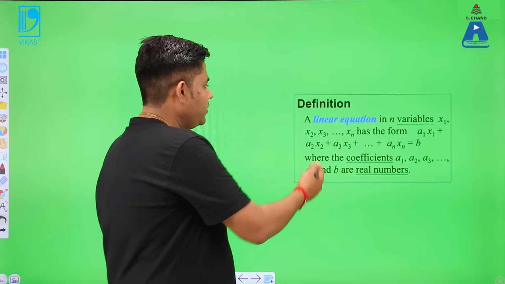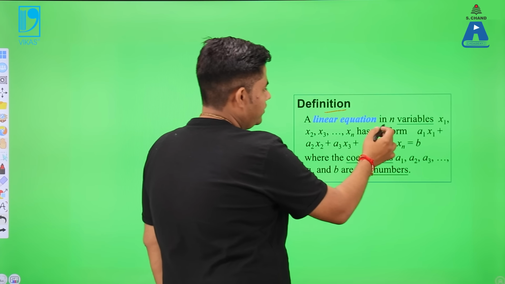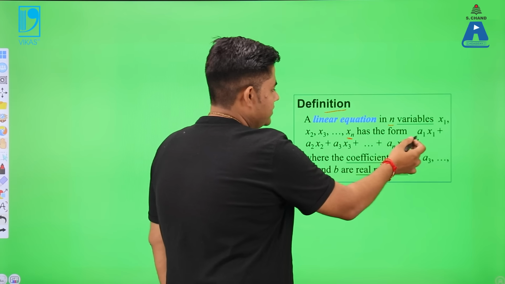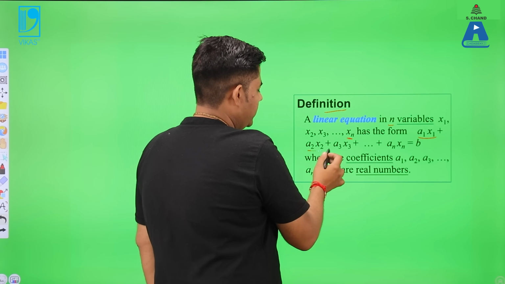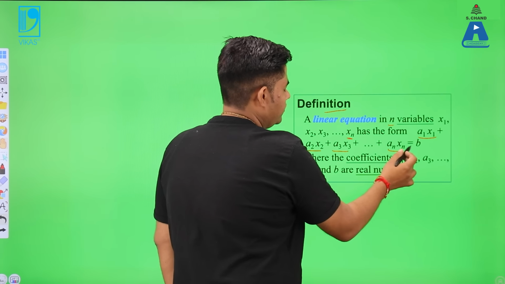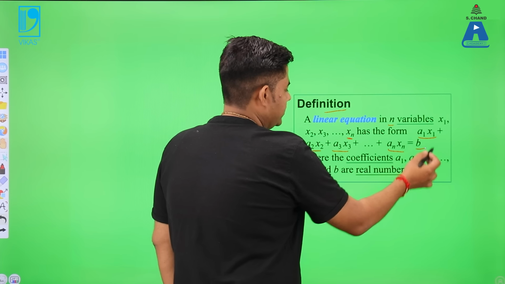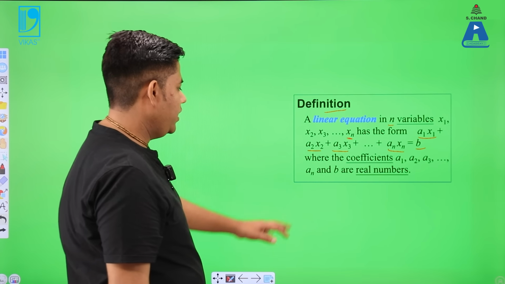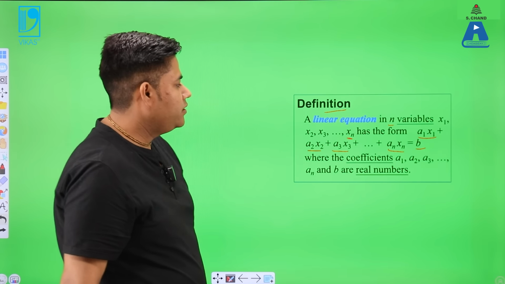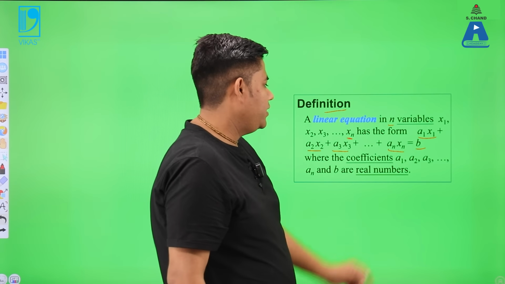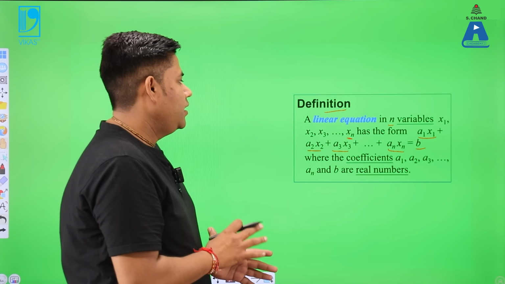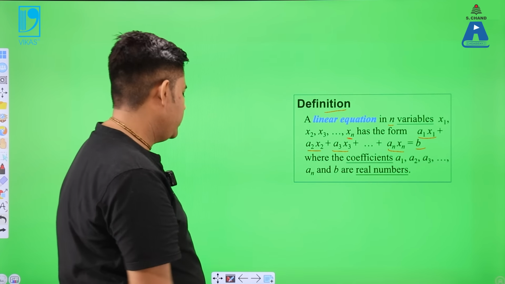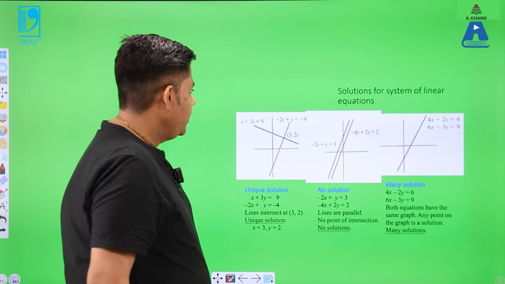The definition: a linear equation in n variables, let's say x1, x2 till xn, has this form: a1x1 plus a2x2 plus a3x3 and so on up till anxn equals b, where the coefficients a1, a2, a3 up till an and b are real numbers. b indicates the real number connected to that equation. So this is the definition related to the linear equation.